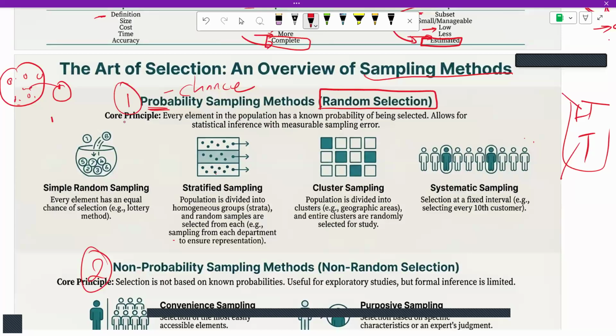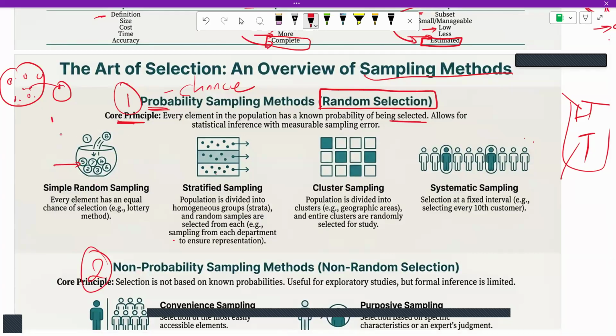The core principle is every element in the population has a non-zero probability of being selected. In the Mahajana Sampatha lottery, you can see the nine balls in a bowl.